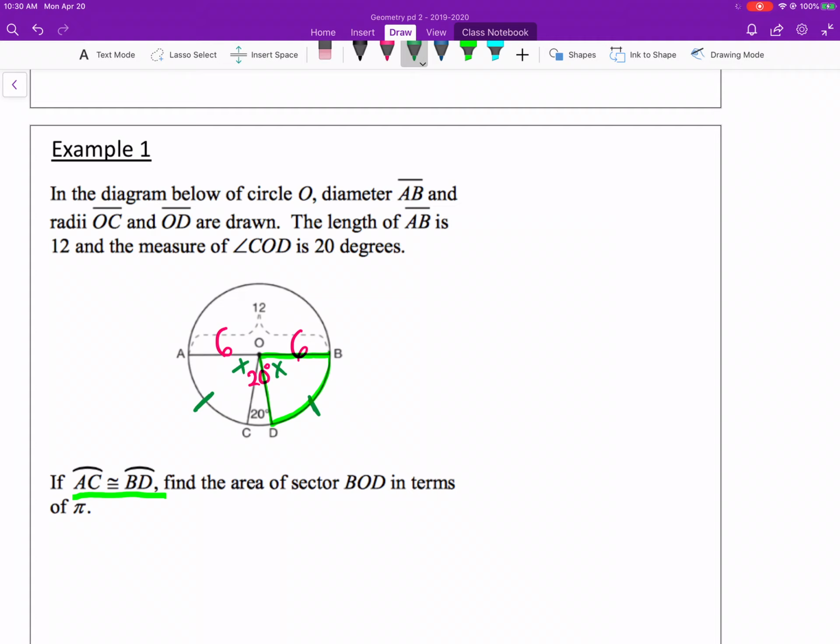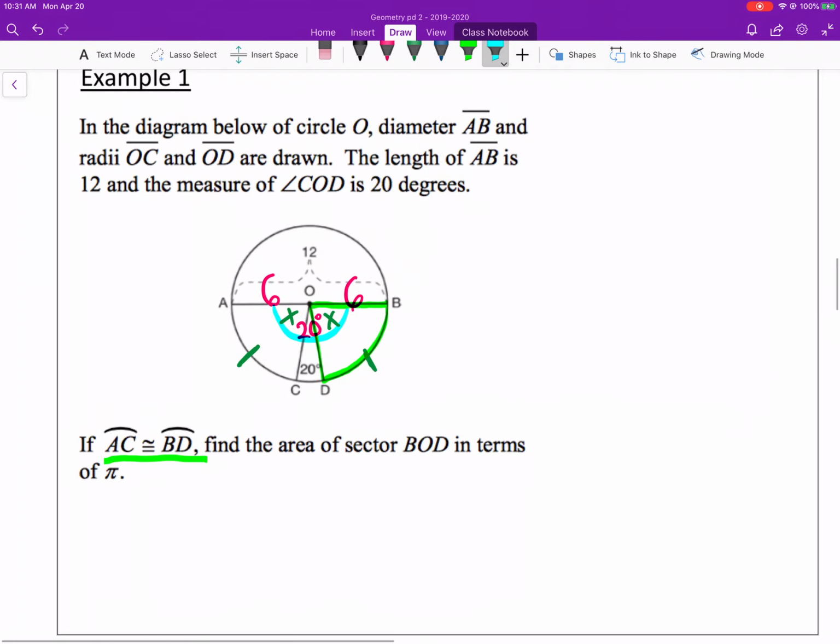If the arcs are equal, the central angles have to be equal. Now, if we lock in on these three angles together, it's a linear bunch, 3 angles in this case, that add to 180 because that occupies half of the circle. There are 3 angles on a straight line together. Remember, a straight line is also 180. So you can set up an equation to find the central angle.